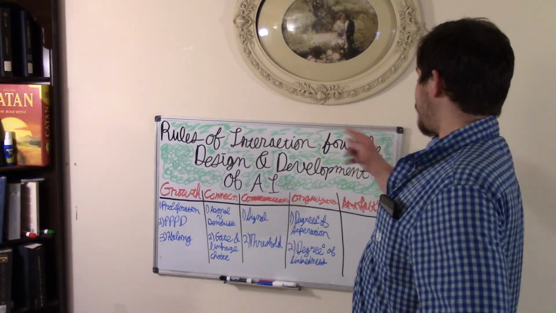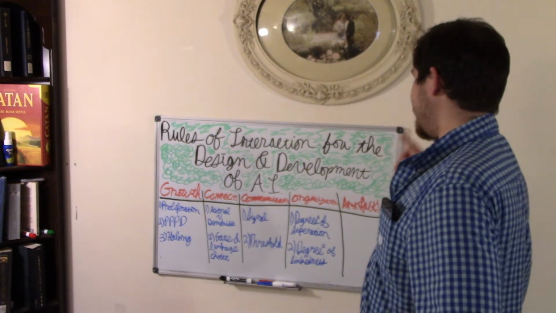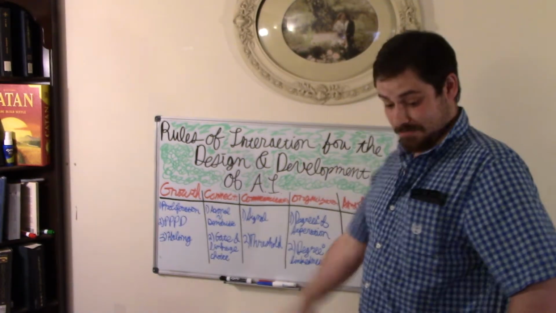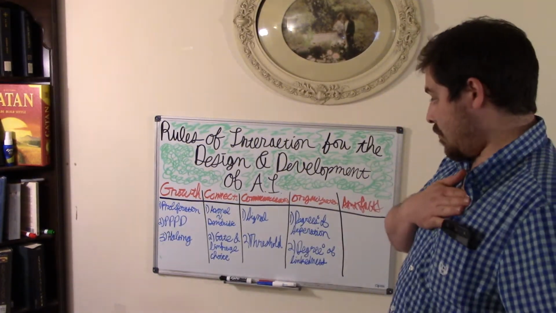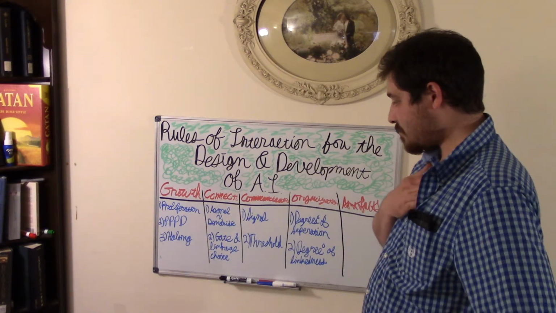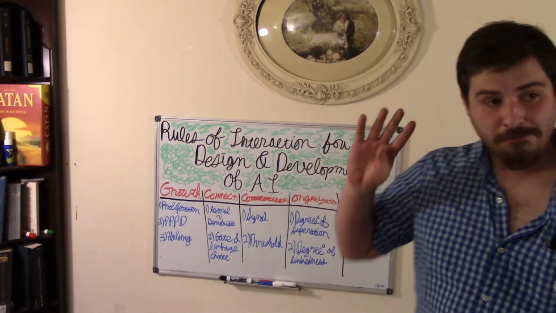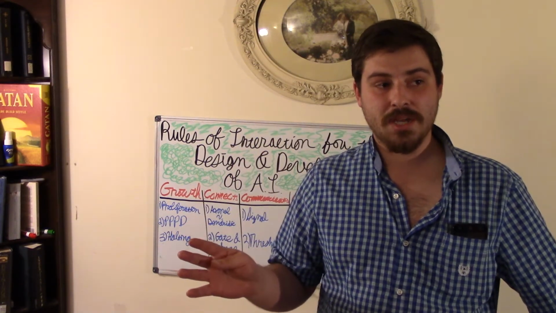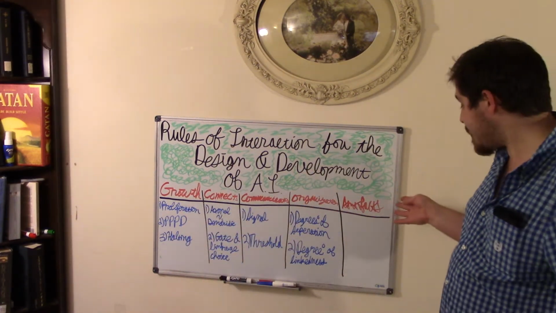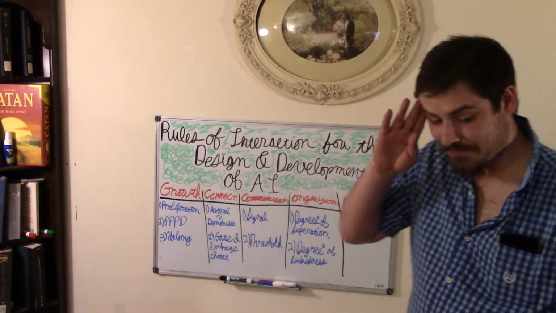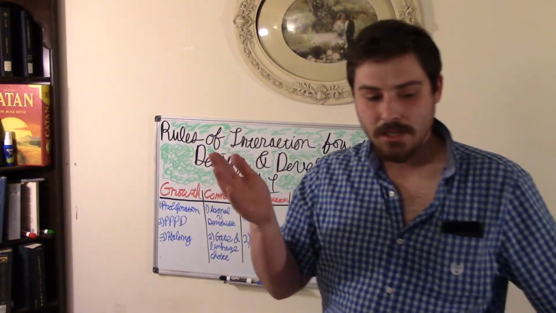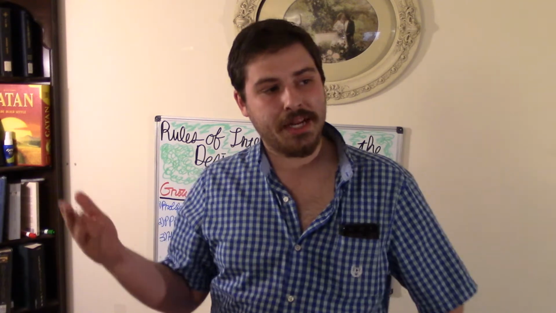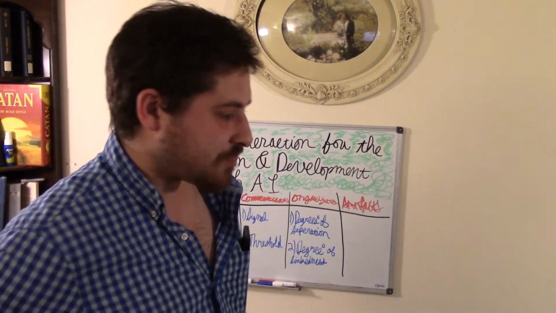So, rules of interaction for the design and development of AI. So there are 4 categories of the rules of interaction. Then there are also artifacts, which at some point, in some sense, change the rules of interaction.